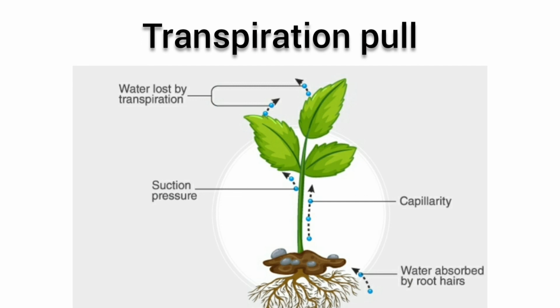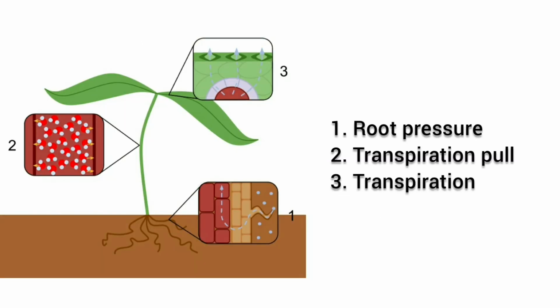Transpirational pull happens due to a process called transpiration. Transpirational pull is the force by which the water is drawn upwards from root to leaves. Root pressure is the osmotic pressure within the cells of a root system that causes sap to rise through the plant stem.